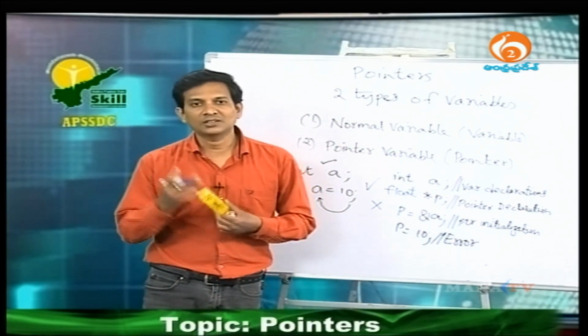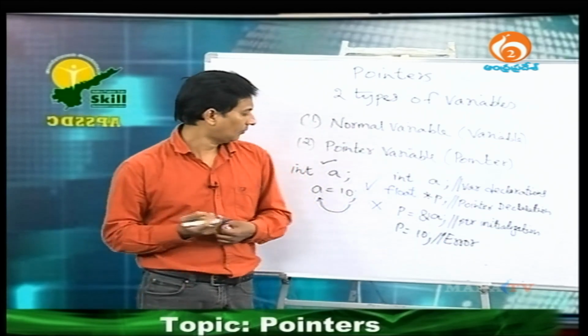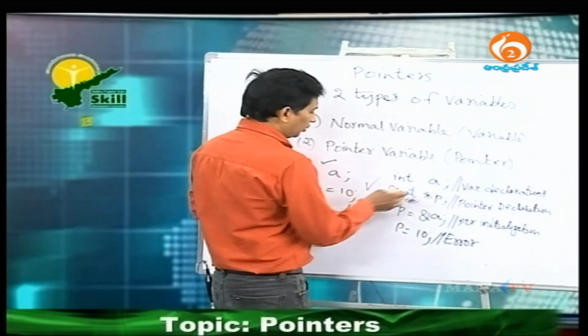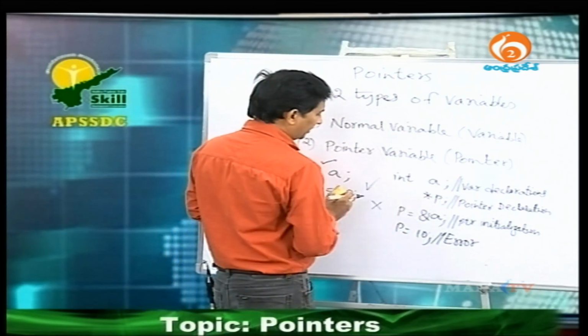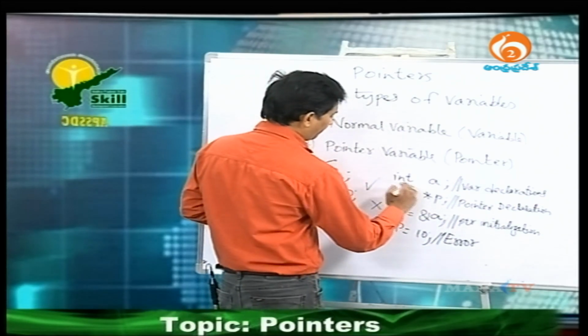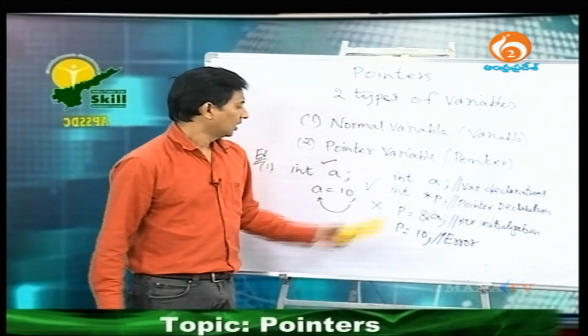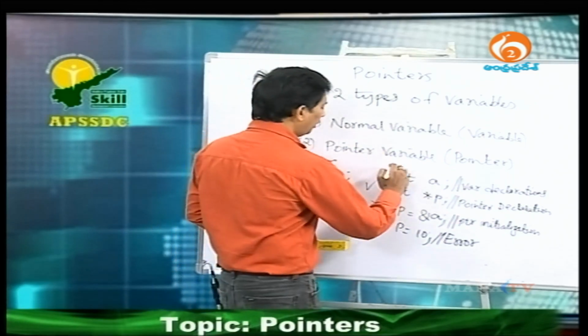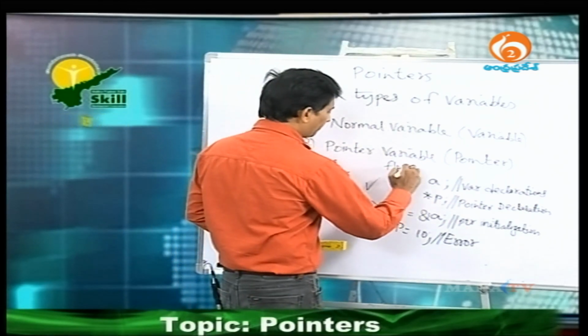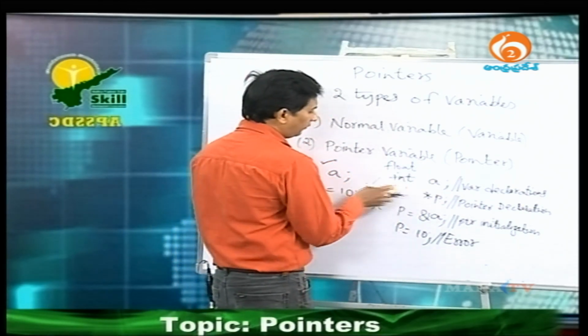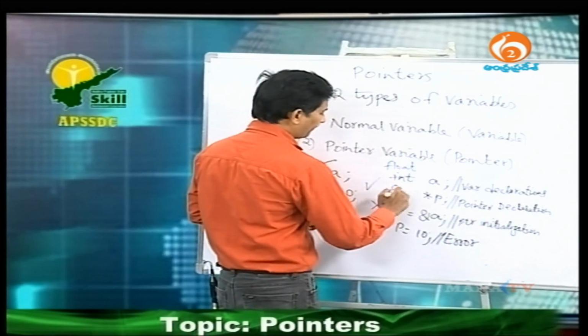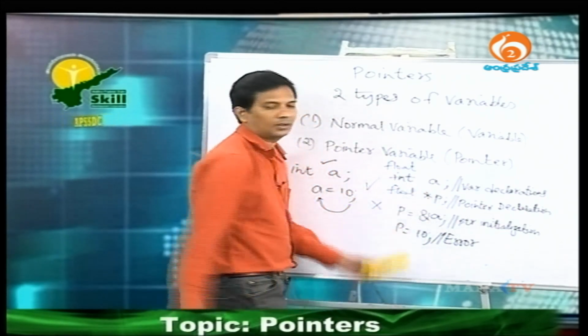I can initialize the pointers. Okay. So I cannot give here. The same type should be there. Here if it is float A, and here also float star P, then okay.